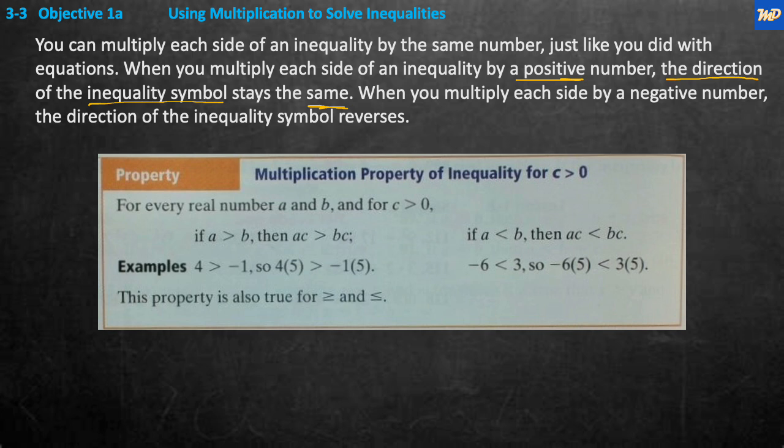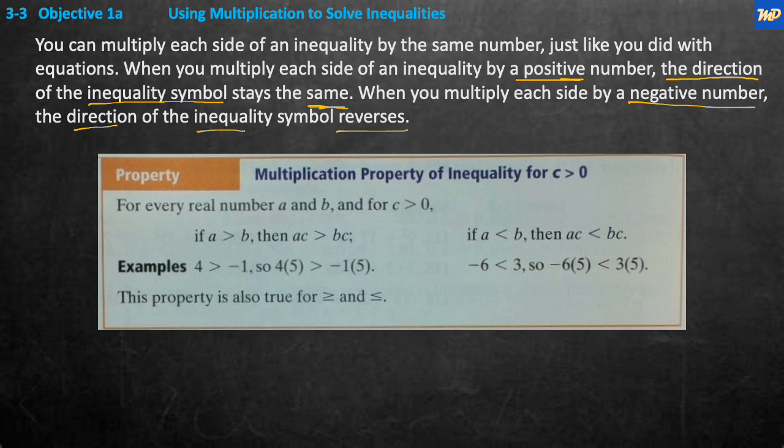When you multiply each side by a negative number, the direction of the inequality reverses. And that goes for multiplication and division.